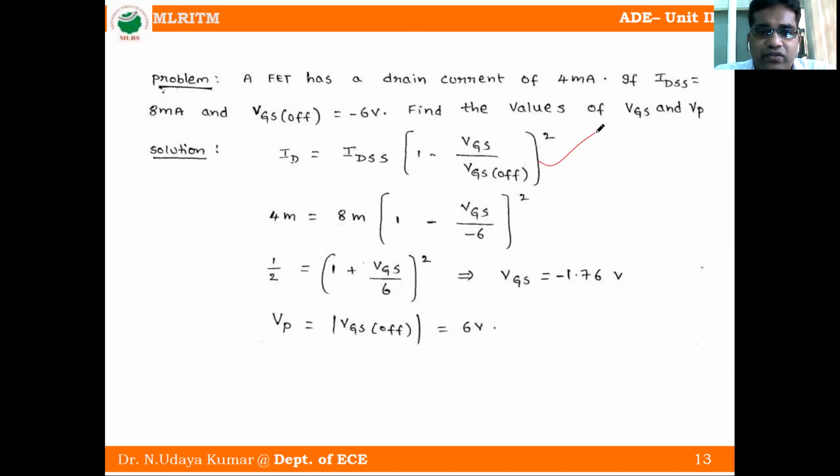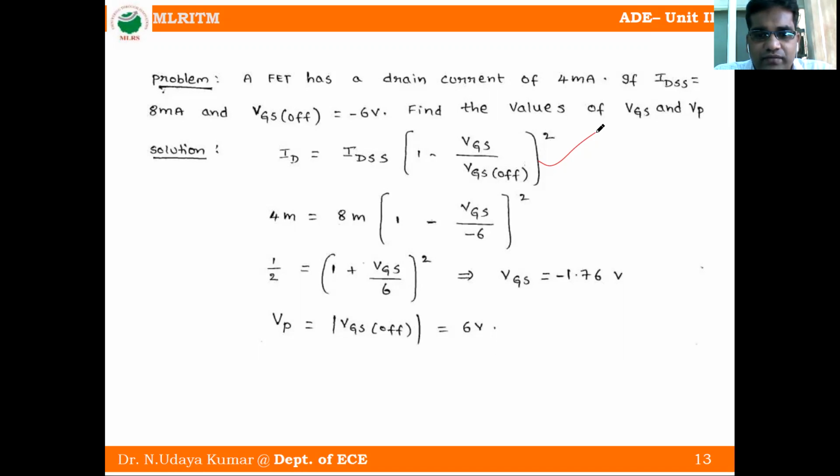So given that, substitute here, ID is equal to 4 milliamperes, IDSS is equal to 8 milliamperes. So here the unknown term is VGS. So that is the gate voltage.